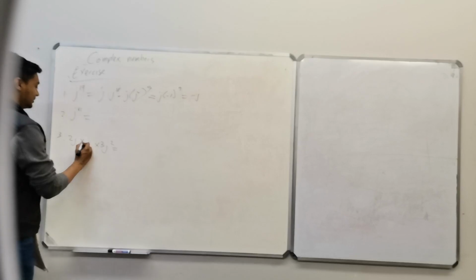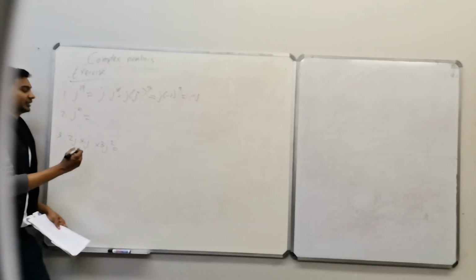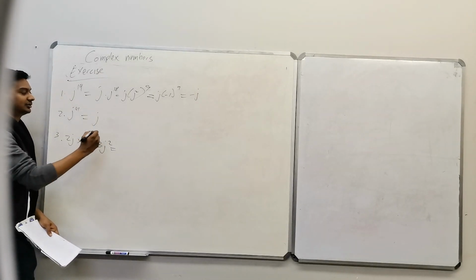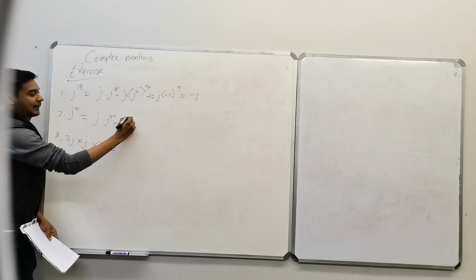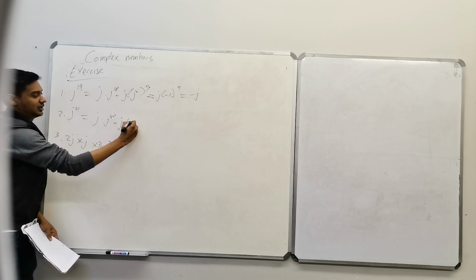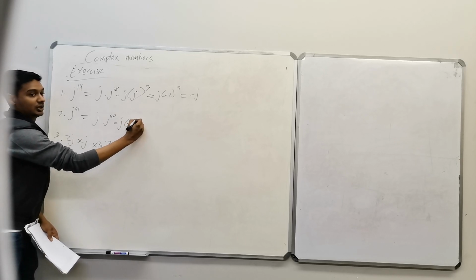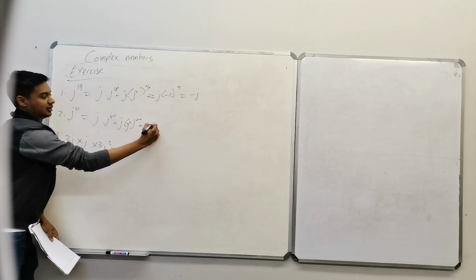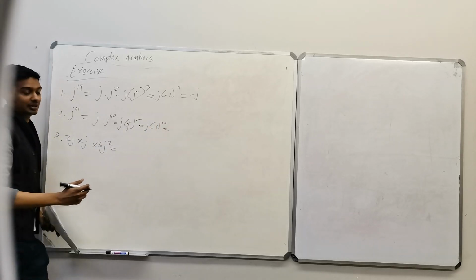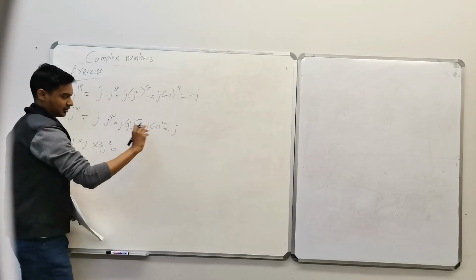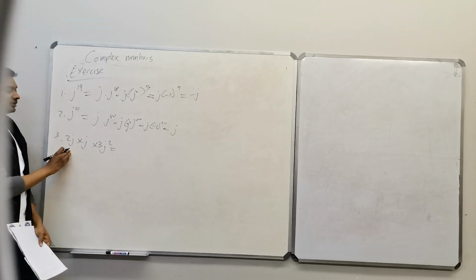Okay, can we work it out, guys? j to the 40, because it's an even number, this becomes 1, and that's our answer.